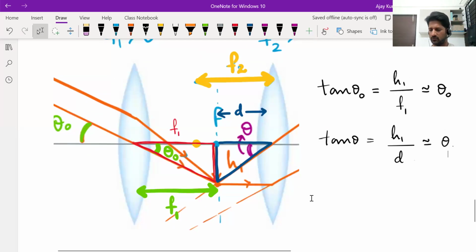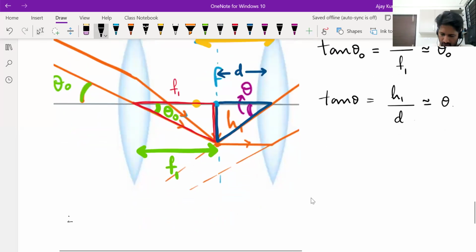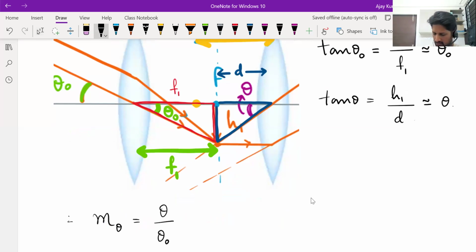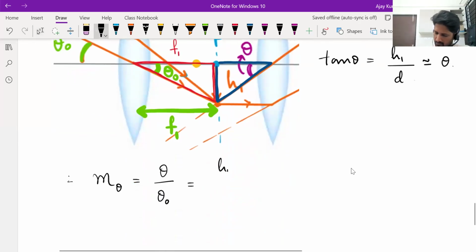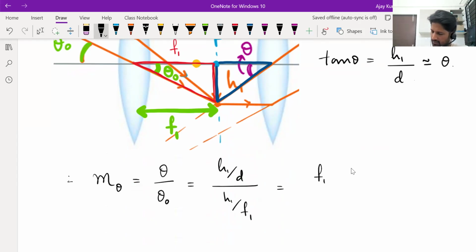Yes, sir. Therefore, the angular magnification produced by the telescope, by definition, is theta by theta naught. If you use the values that you have derived now, it becomes h1 by small d divided by h1 by f1, the focal length of the first lens. h1 gets cancelled. You will be left with f1 divided by small d.